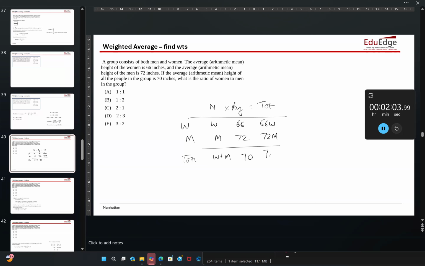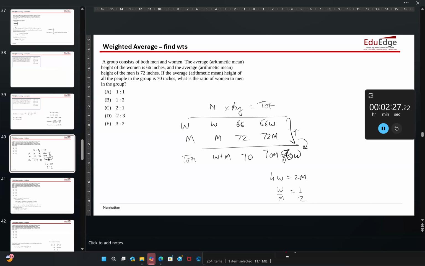So this is 70M plus 70W. So this plus this should be equal to this. Sorry, 70. So it should be 4W is equal to 2M. W by M, 1 is to 2.